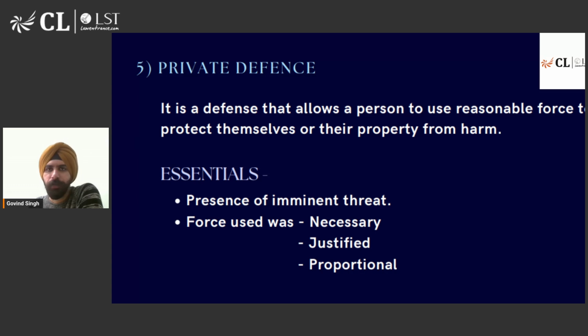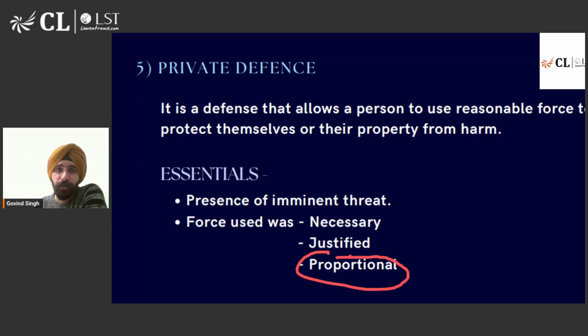To give you an example, let's take the same first case scenario, where a person is coming behind you running with a stick, and you take out your, let's say, licensed gun, and you shoot that person in the head. Would that be counted as private defense? No, because the force you used was not in proportion.